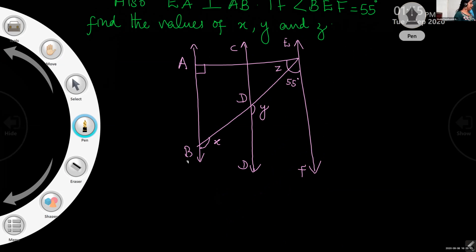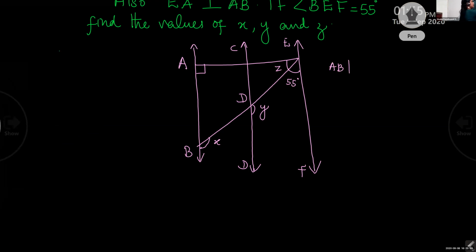Okay, children, did you get any idea to find out X and Y and Z? It is given that AB, CD and EF are parallel. All these are parallel.